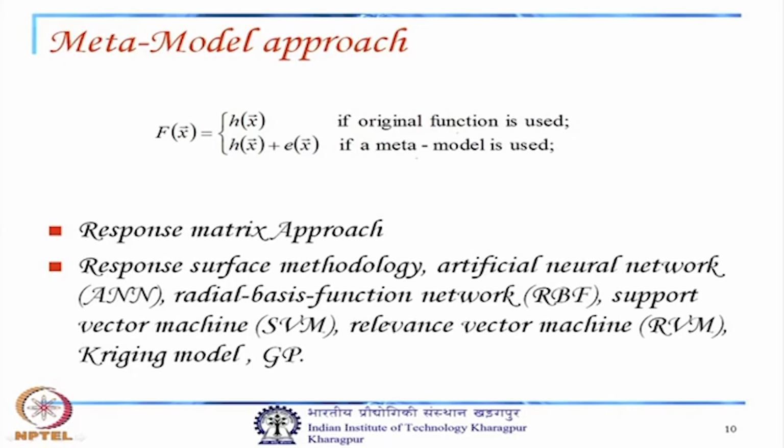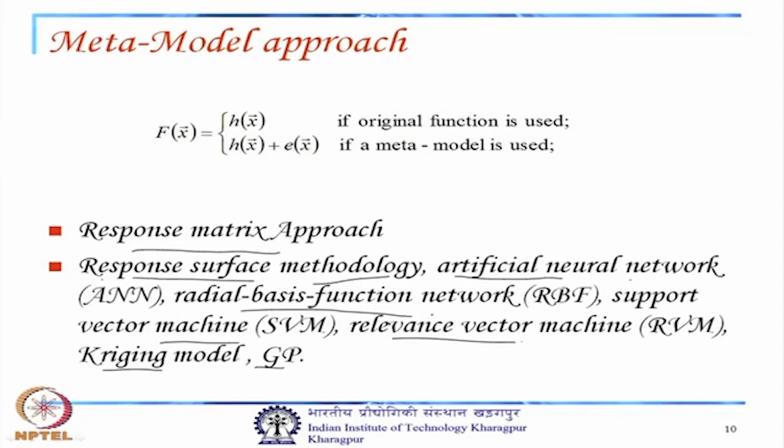First thing is the response matrix approach, another is response surface methodology or other meta model based approaches: artificial neural network, radial basis function, support vector machine, relevance vector machine, and Kriging model and GP.